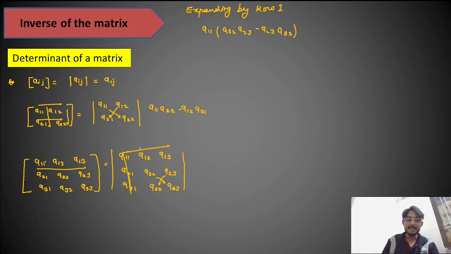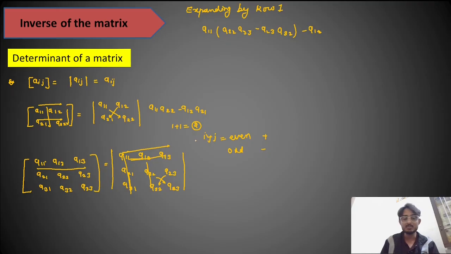Now you will take the second element. For 1 1, 1 plus 1 equals 2, an even number, so you will take the sign as plus. For the next, 1 plus 2, that is i plus j: if it is an even number you take the sign positive, and if odd you take the sign negative. So here 1 and 2 make 3, so you take the sign as negative for A12. Eliminate the first row and second column.